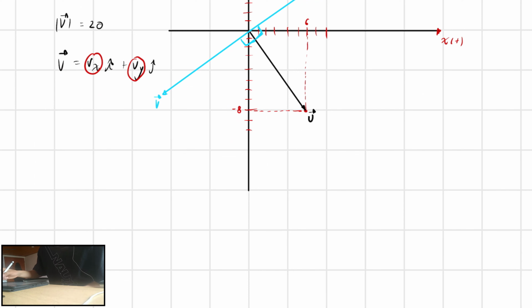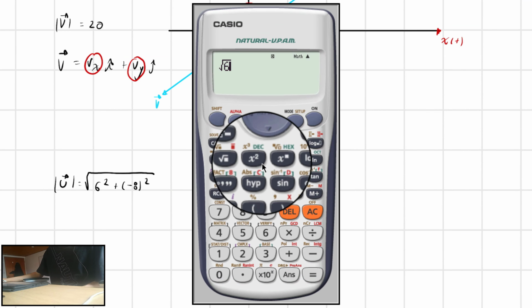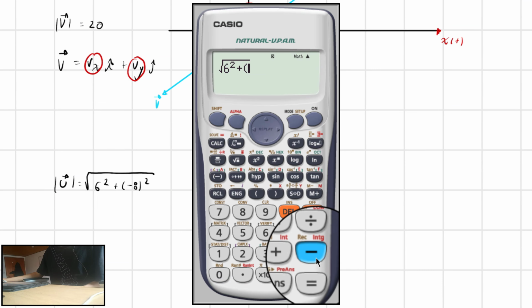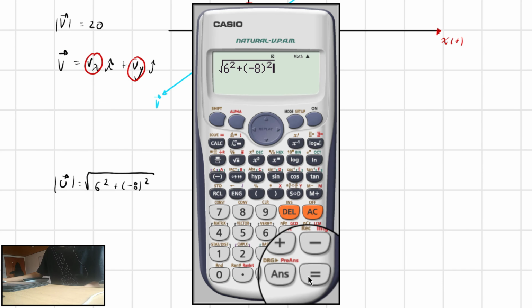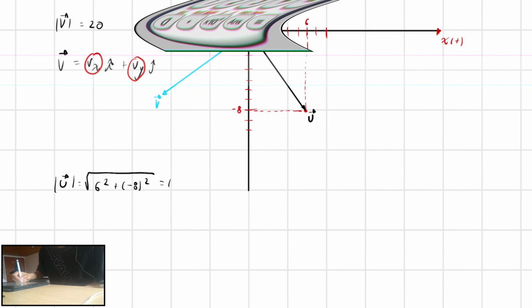First, we should find the magnitude of u. So the magnitude of the vector u is going to be equal to the square root of 6 squared plus minus 8 squared, which is equal to 10.